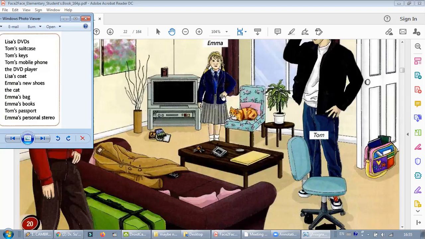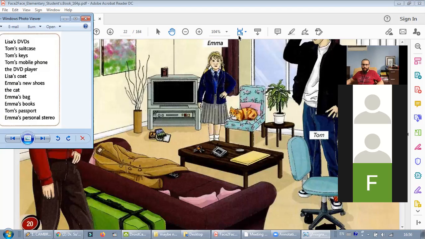On the coffee table, correct. Next to the papers or the folder. Next to or by the folder, by the keys. I don't know what this is, but maybe it's for cigarettes. I'm not sure what it is. Anyways, okay, so this is the idea of how to use prepositions of place.